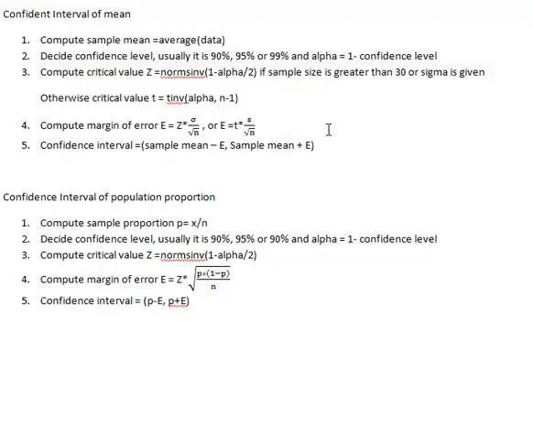After we have the margin of error E, our confidence interval will be sample mean minus E for the left-hand side, and sample mean plus E for the right-hand side.